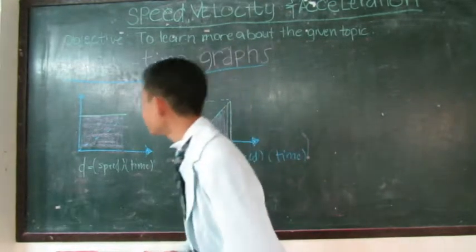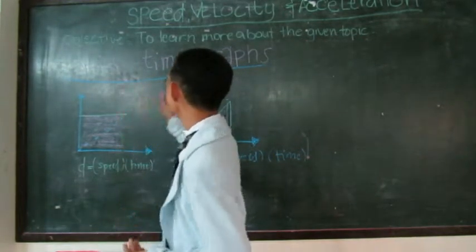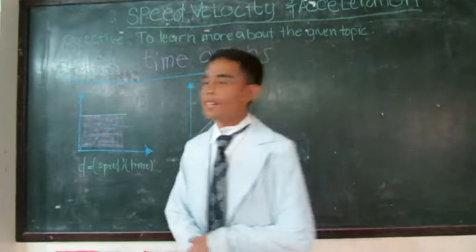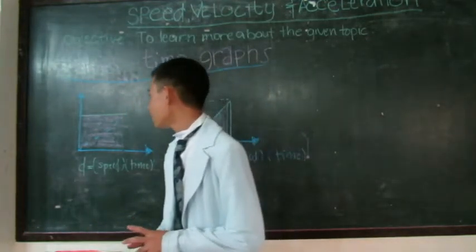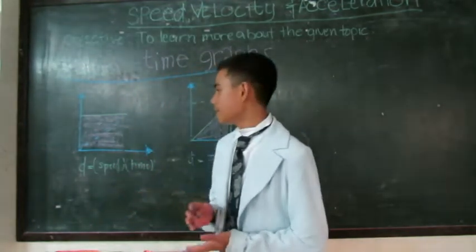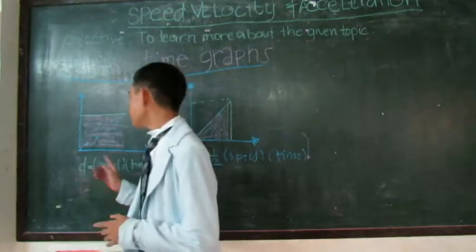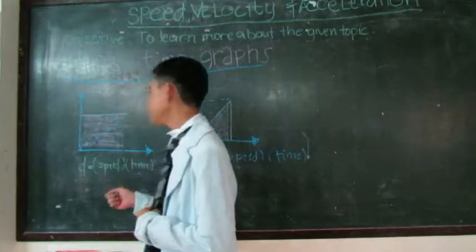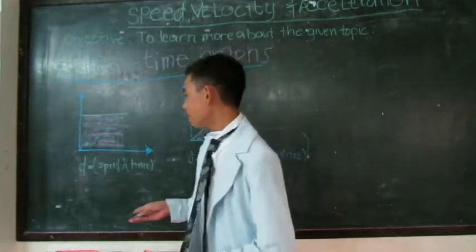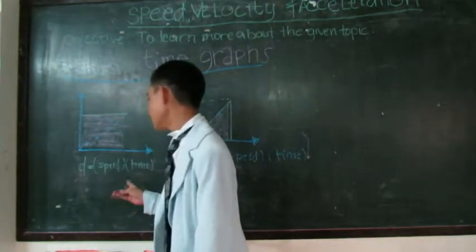So for finding the distance, we can use the speed time graphs. So this figure here shows how a moving object moves at a constant speed. So the formula for finding the distance of a moving object moving at a constant speed is equal to speed times time.